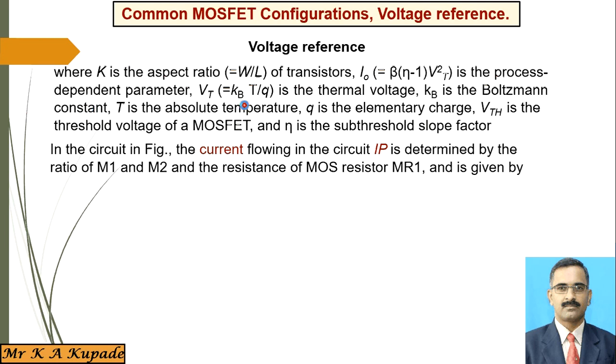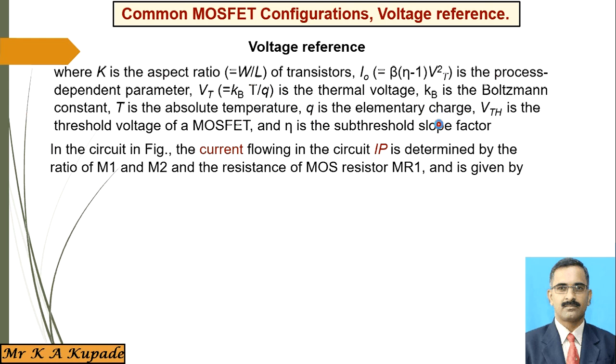This VT is the thermal voltage, Kp is the Boltzmann constant and T is the absolute temperature. Sorry, here it is not threshold, it is the thermal voltage. Now, Q is the elementary charge.